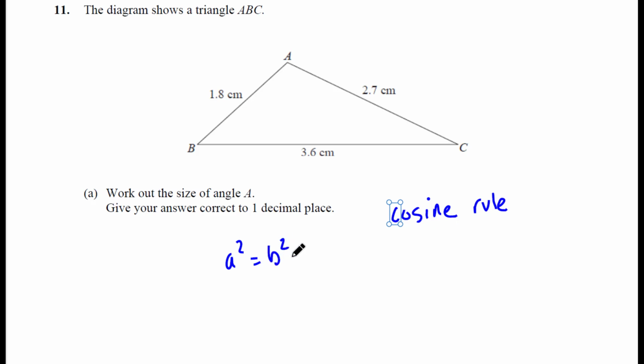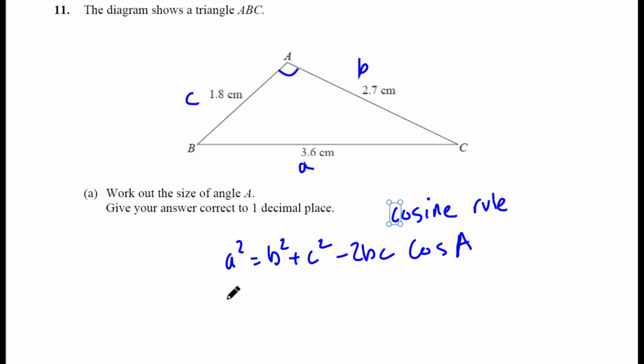So it's a squared equals b squared plus c squared minus 2bc cos A. So the big A is the angle, opposite the big A is the little a, and you're lucky that this is labelled nicely. So that's little c, little b, and it's just substitution here, which is a very simple skill.